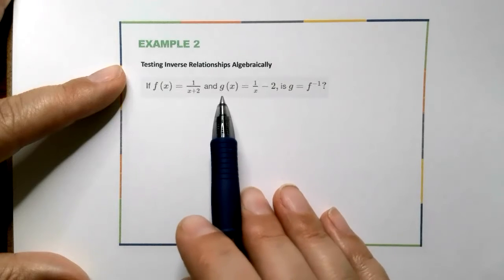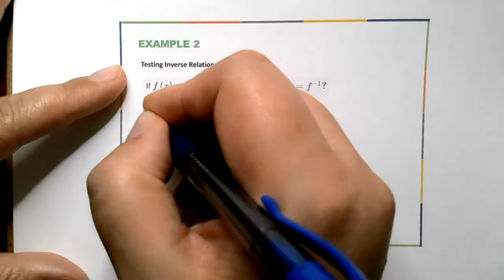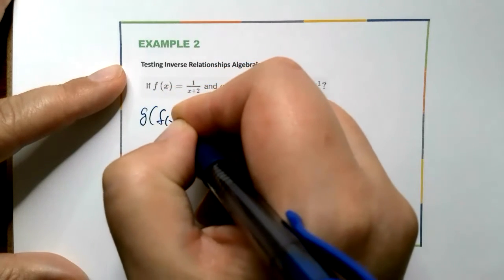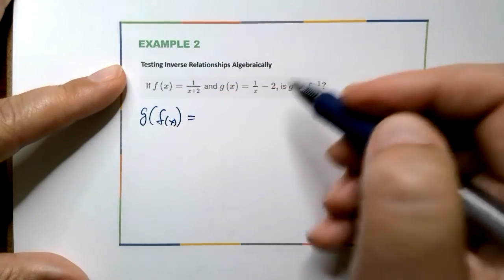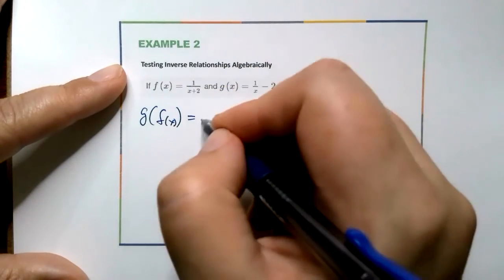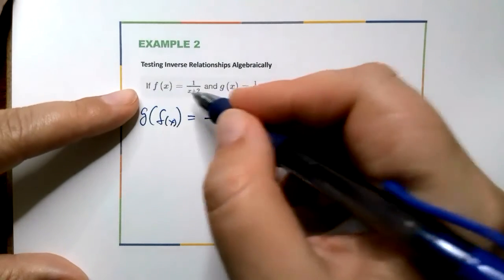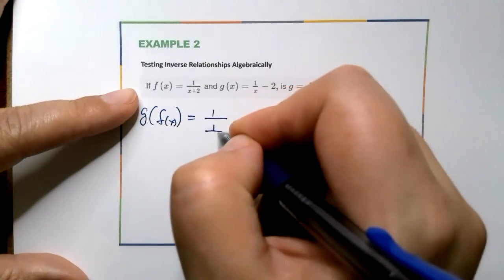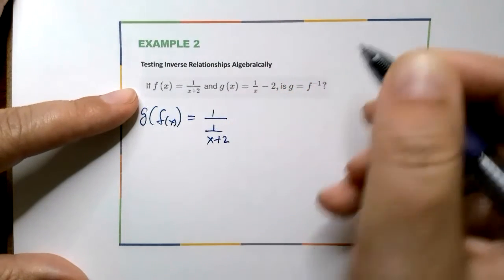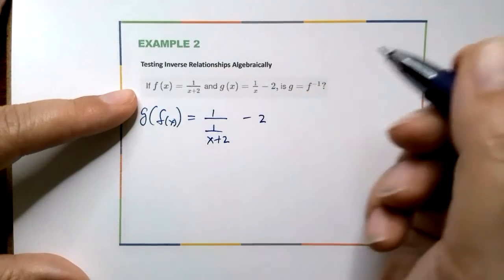I think let's do g of f of x. So g is 1 over something, and instead of that x, I'm going to put f, 1 over x plus 2, minus 2.